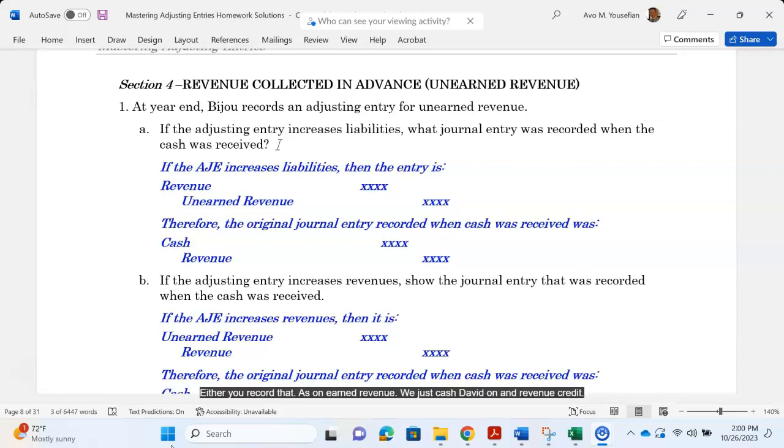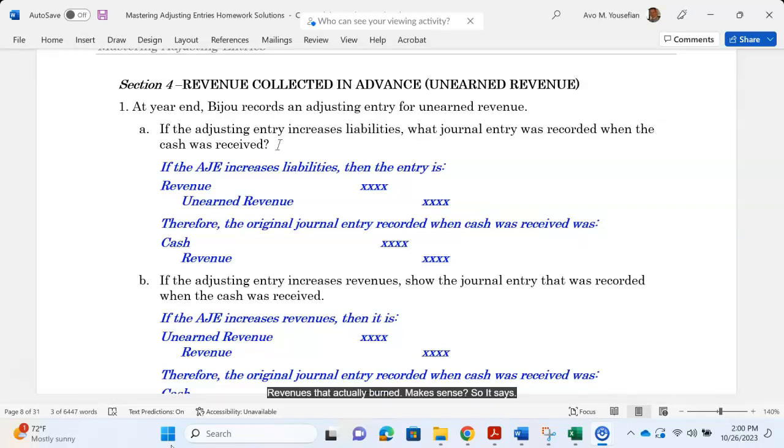Either you record that as unearned revenue, which is cash debit, unearned revenue credit, or you record it as revenue momentarily, and then you adjust at the end of the year. So you have two options: either record revenue, all of it, right now, or record unearned revenue, all of it, right now. No matter which one you choose, at the end of the year, based on accrual method of accounting, you have to do proper adjustments to record revenues that are actually earned.